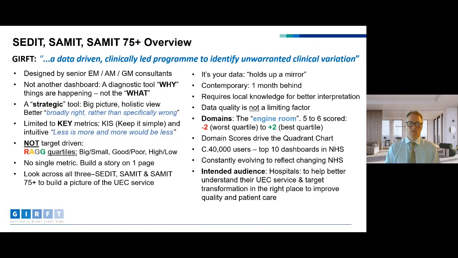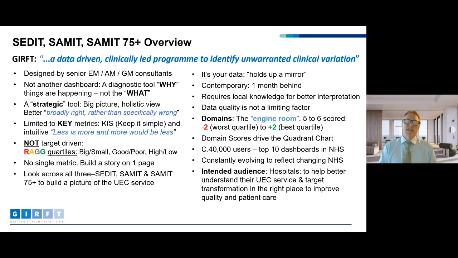And actually, we feel it's really important that rather than just looking at the SAMIT 75, to build up a picture of the whole UEC service, particularly the acute based element, you need to have a look at the SEDIT, the SAMIT, and the SAMIT 75. And indeed, we produce other summaries at a higher level that set out the GEMI score, the GAMI, and the GERI score, which are the key metrics underpinning the indices of patient flow.